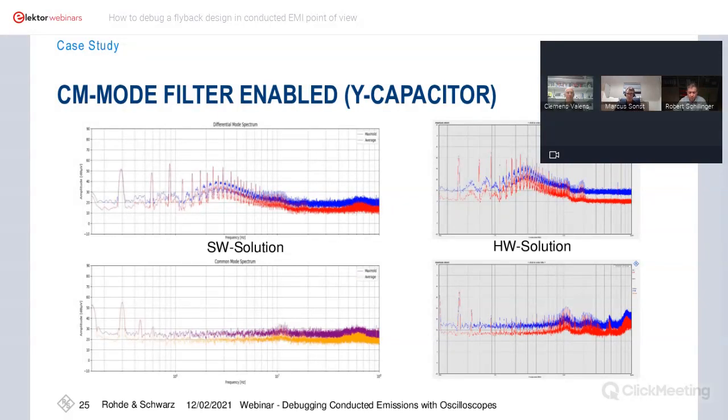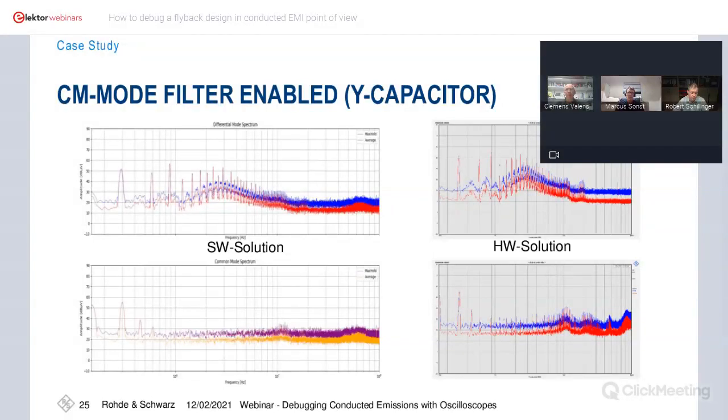There are some smaller deviations here with the hardware solution, but yeah, this is still in the 5 dB microvolt region. So I think it's quite reasonable to have those measurements. On the differential mode, it's almost the same because we haven't attenuated the differential mode noise.